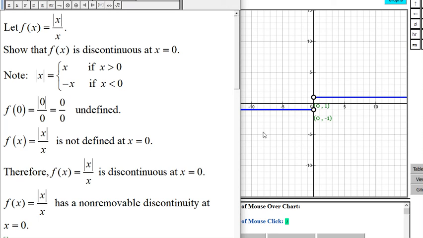And then other than that, the function should be continuous everywhere else. If we look at the graph, we don't see any gaps or holes anywhere else.